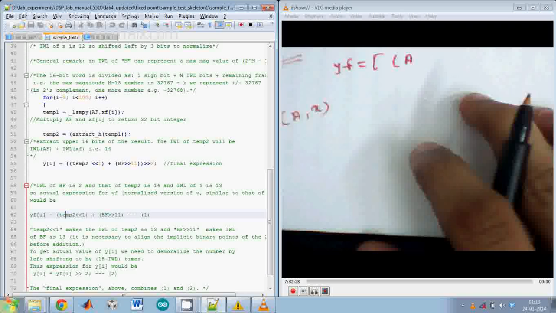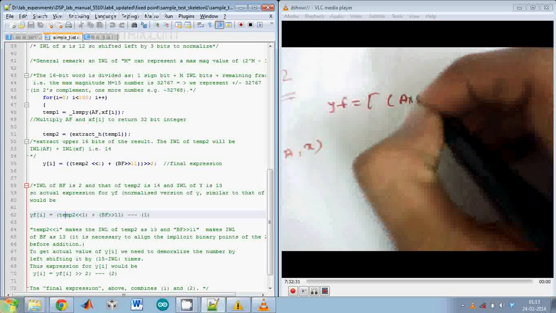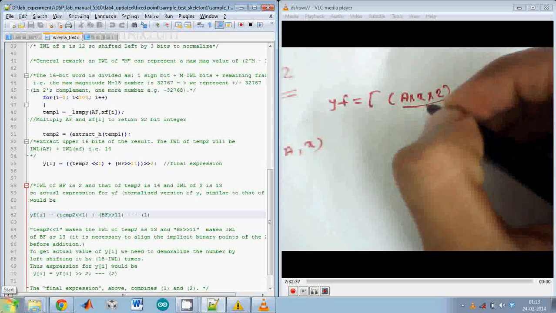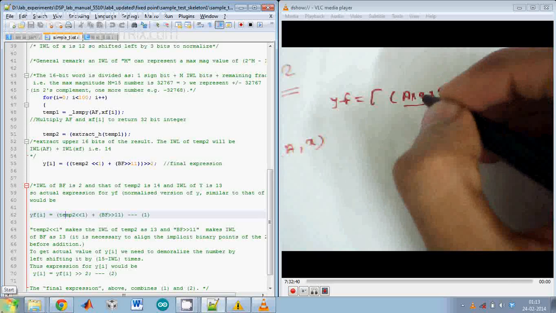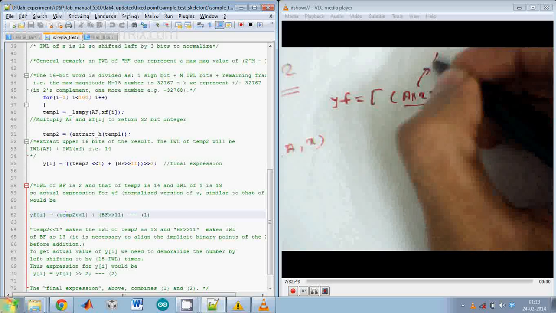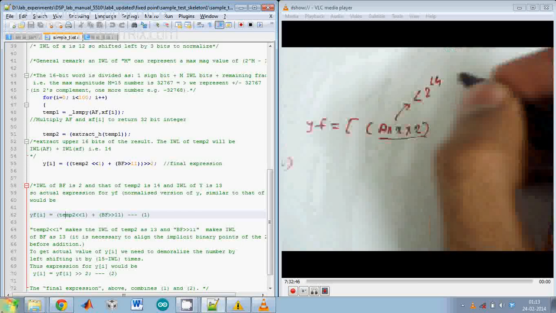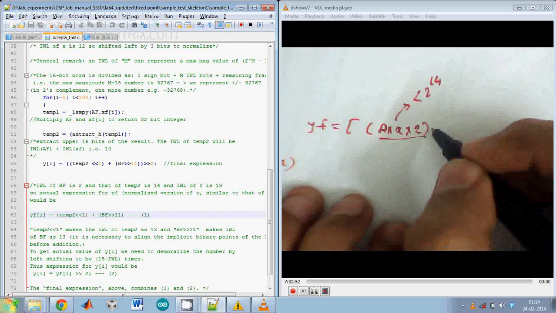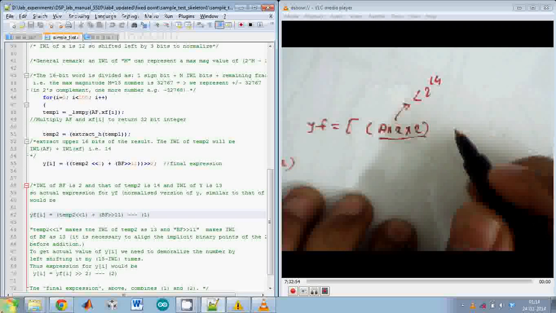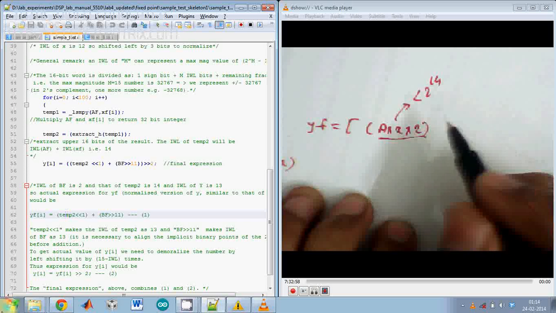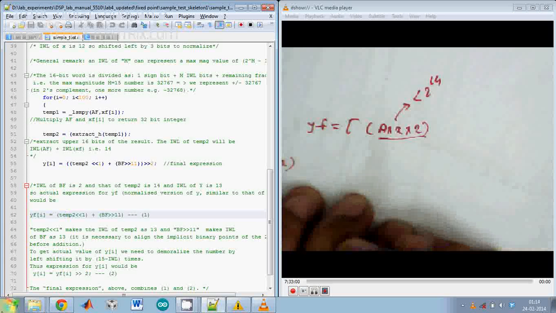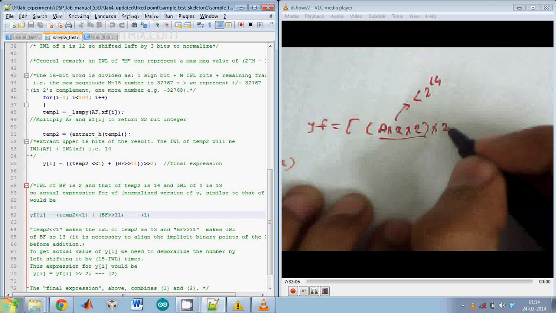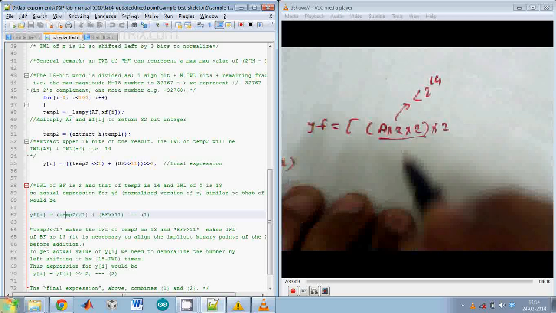So y of f is equal to temp2, sorry, this is temp2 that we are writing here, a into x into 2. Since we have seen that it's less than 2 power 14, and we want to normalize this to a 16-bit signed integer, which has its magnitude stored in the last 15 bits, and 1 bit is reserved for its sign.